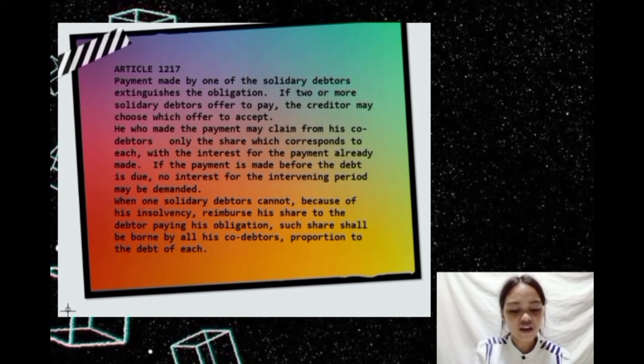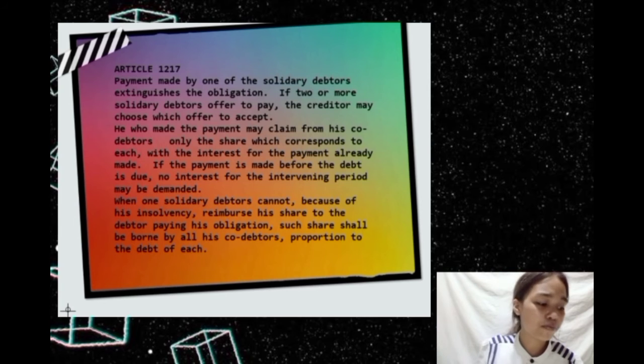When speaking of payment that extinguishes an obligation, the law refers to payment in full. The law gives the creditor the right to choose which offer to accept if two or more solidary debtors offer to pay under Article 1217.